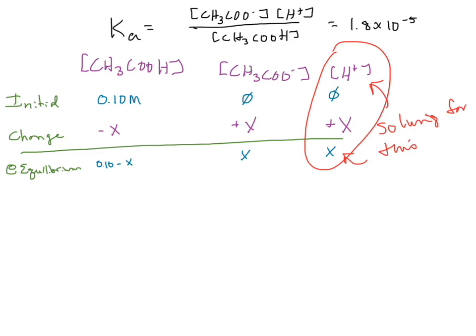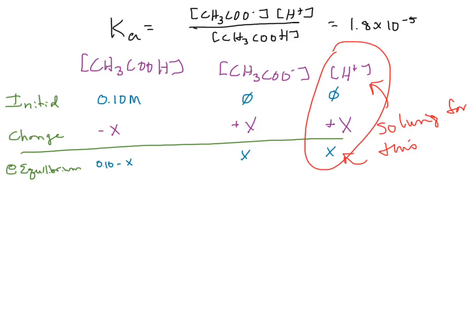There's your Ka expression at the top there in black. I have 3 columns on my ice chart. I have a column for my weak acid, CH3COOH, a column for my conjugate base, which is the CH3COO negative, and then a column for my H+.